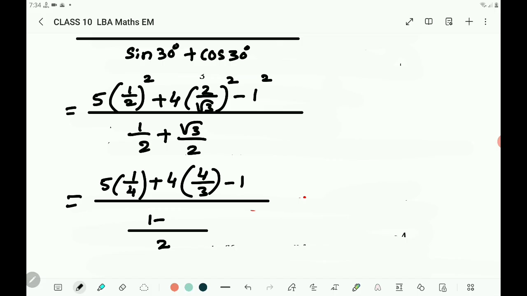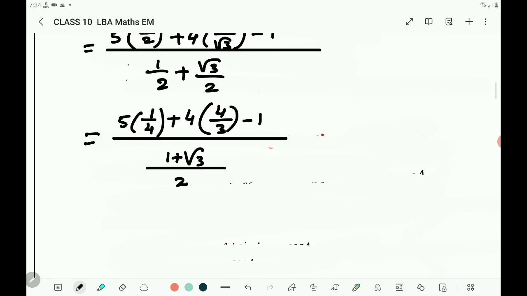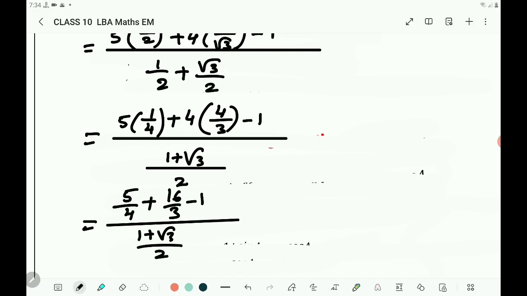You write 1 plus root 3. In the numerator, 5 into 1 by 4 is 5 by 4 plus 4 into 4 by 3 is 16 by 3 minus 1, and 1 plus root 3 by 2 write as it is.